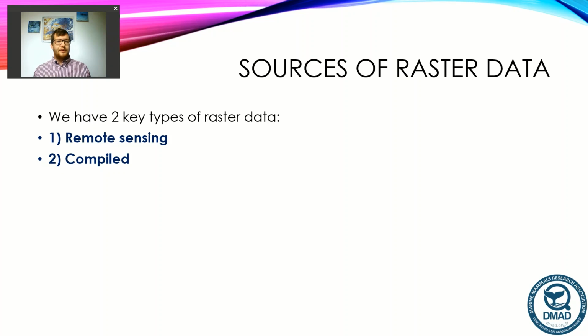So we've got 2 key types of raster data. The first is remote sensing, and that's what we've talked about so far, and that's the stuff from the planes and the aerial vehicles. And then we have compiled data.